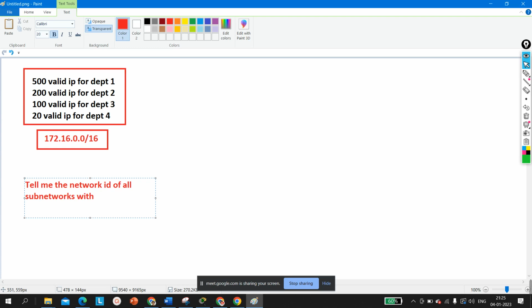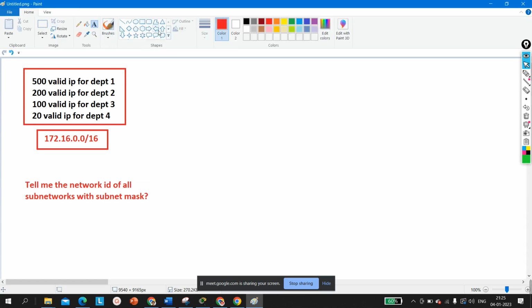You just need to find the network ID for each network with its subnet mask.